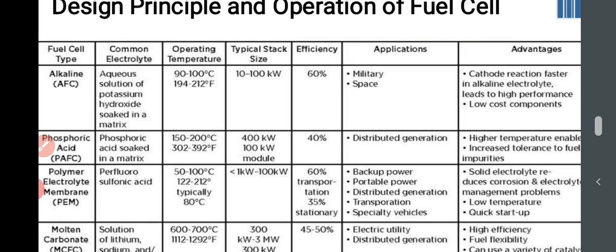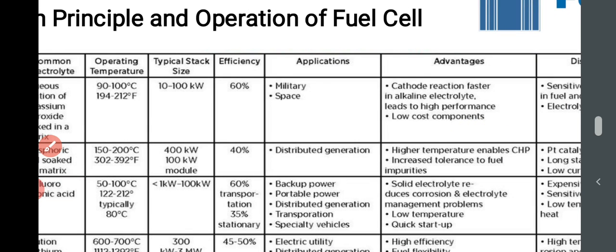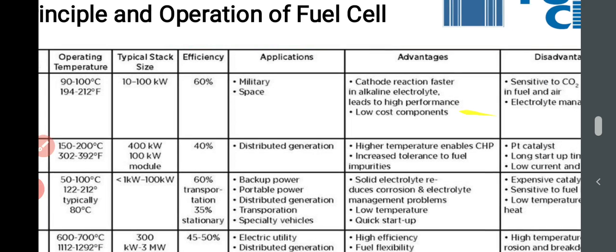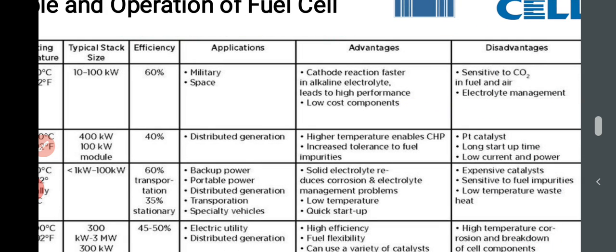Now, if you look at the application, we will see the alkaline fuel cell is largely used for military application and space application. The major advantage of alkali fuel cell is its cathode reactions are very fast, low cost component, and the disadvantage is that it is sensitive to CO2 in fuel and air.